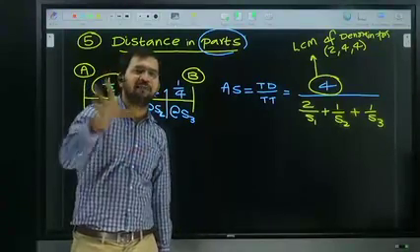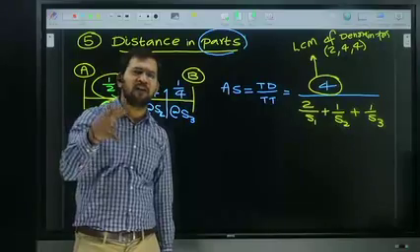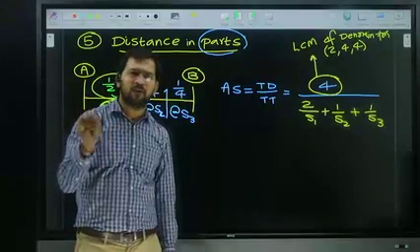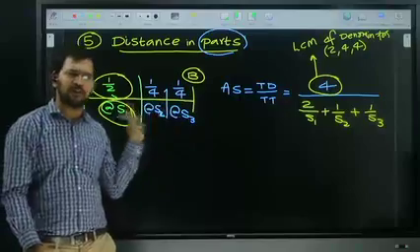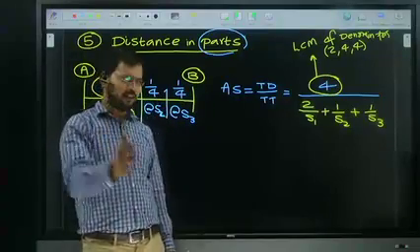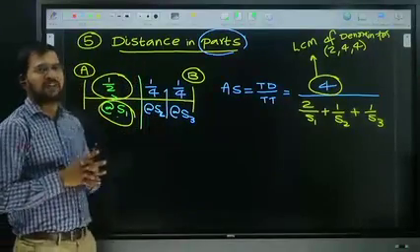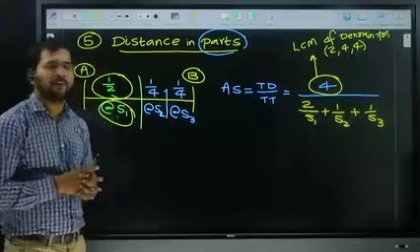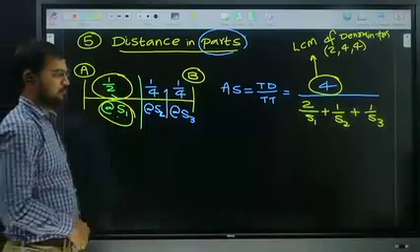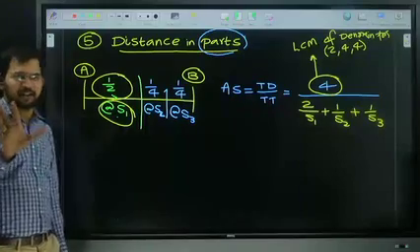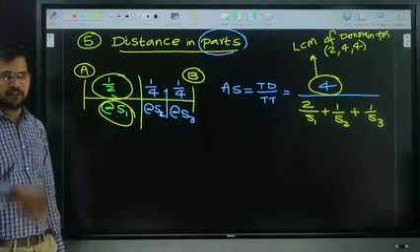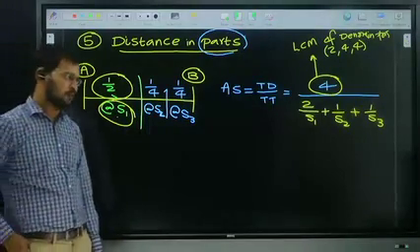In any question paper, any average speed question definitely comes from these 5 only. So this is all about average speed. All of you understood what average speed is? Shall I go for the questions? Very good.